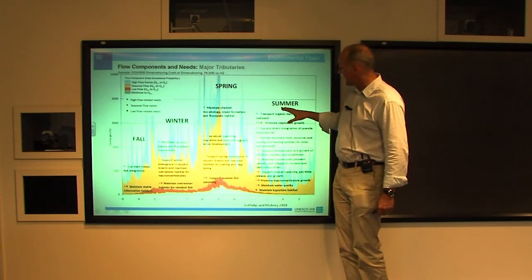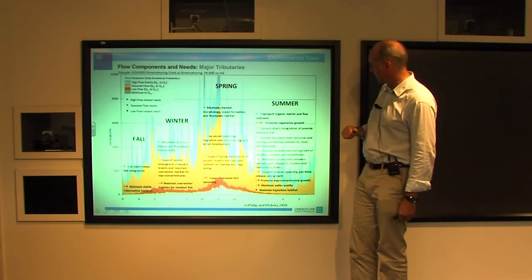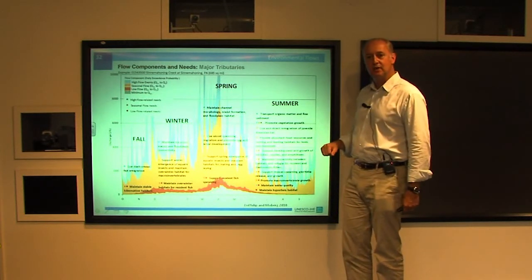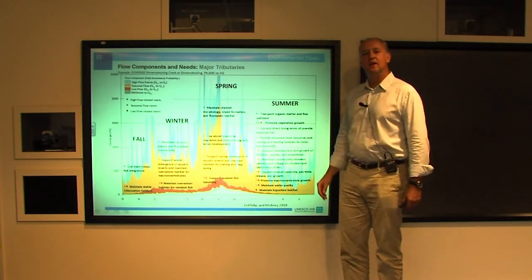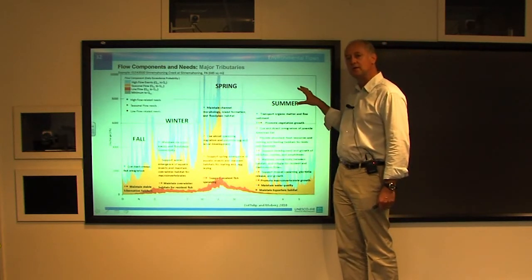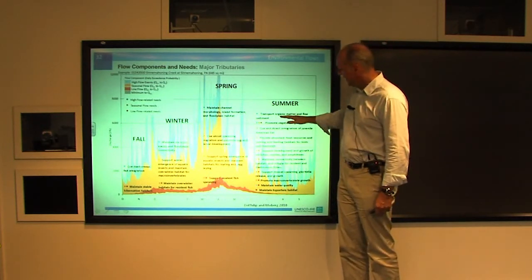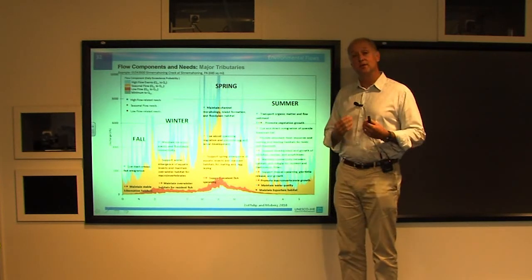And then in the summer, those high flows are transporting organic matter and fine sediment, promoting vegetation growth. But we can see that a whole variety of other important needs are also being met during that crucial summer productivity time, and those needs are distributed across a number of different flows.